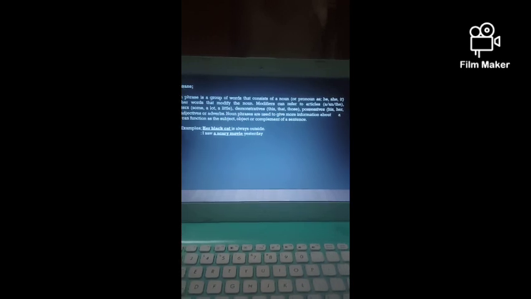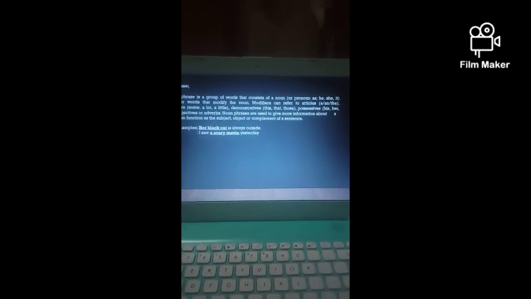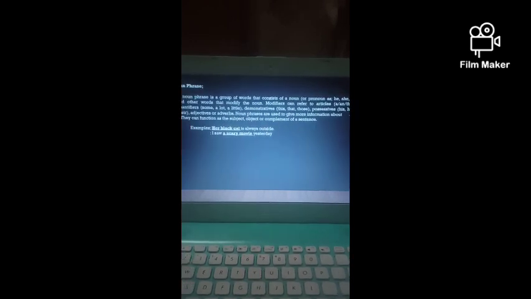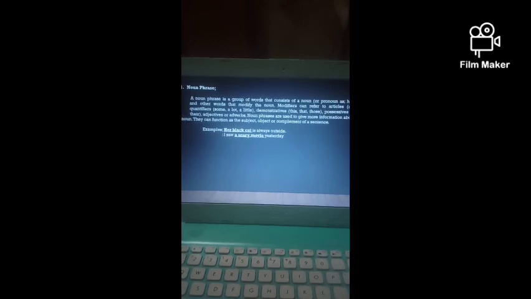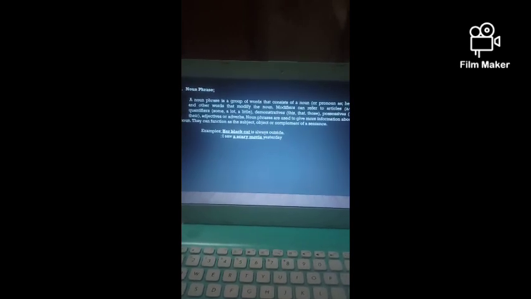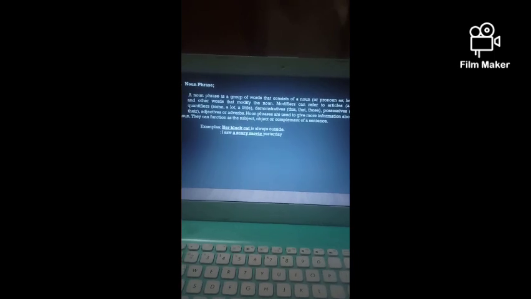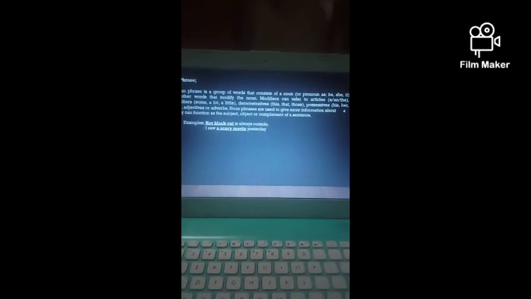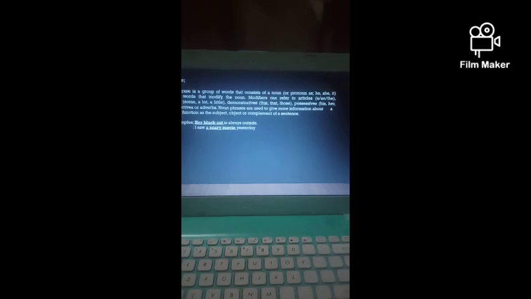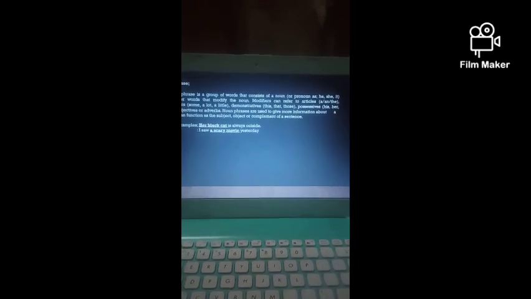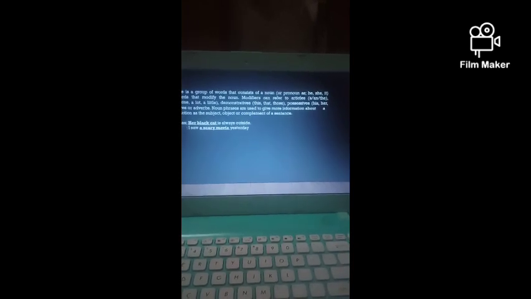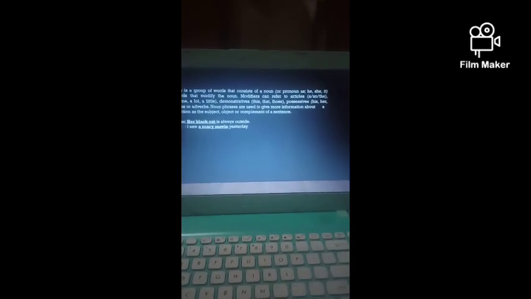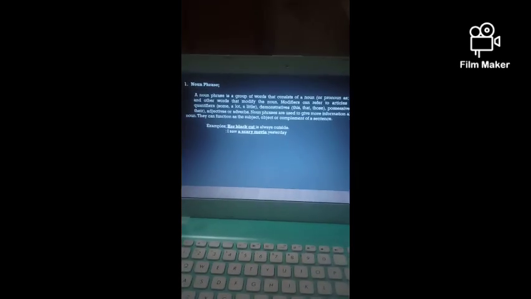Modifiers can refer to articles, for example, a, an, and the. Next, quantifiers, using words like some, a lot, and a little. Next, demonstratives, using the words this, that, and those. And the possessive, using the words his, her, and their.